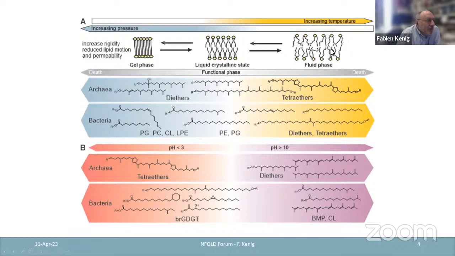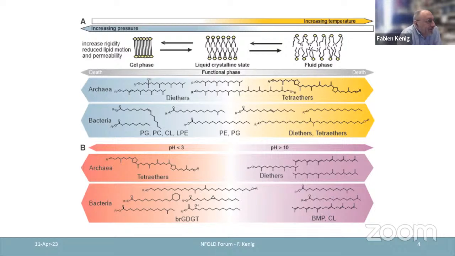The membrane tries to stay away from fluid phase and from gel phase by changing its constituents.